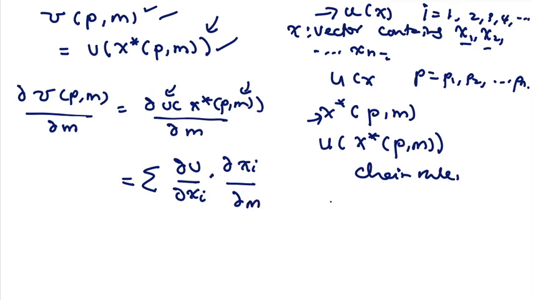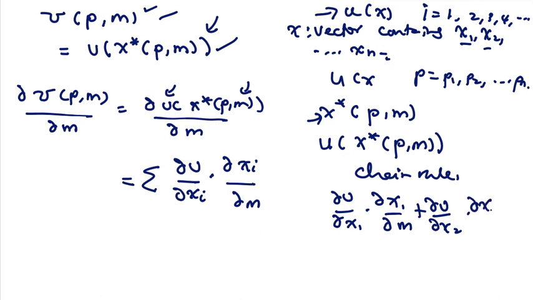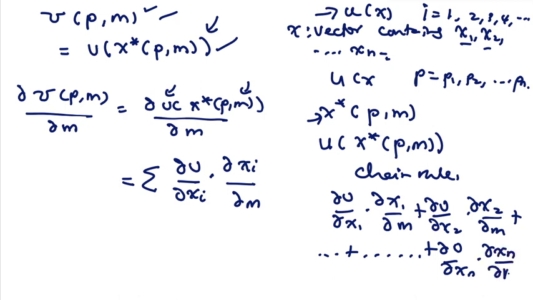So that means this one is actually, if I try to segregate it, then it becomes delta u over delta x1 times delta x1 over delta m, plus delta u over delta x2 times delta x2 over delta m, plus until delta u over delta xn times delta xn over delta m.